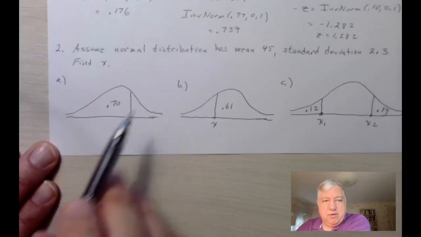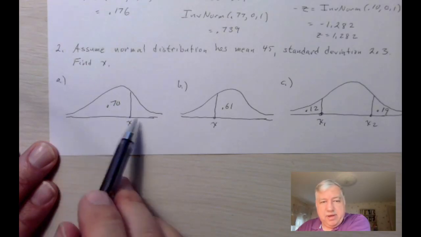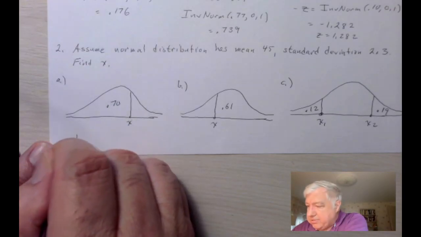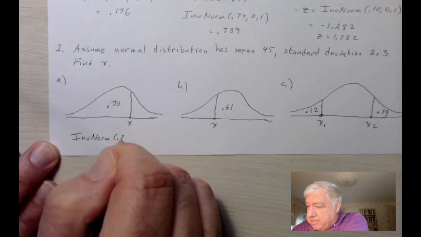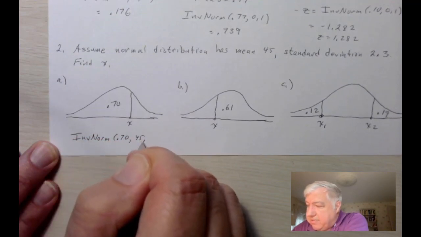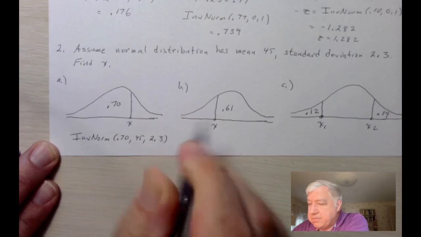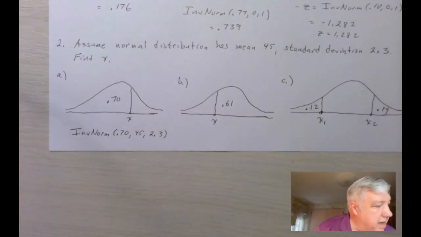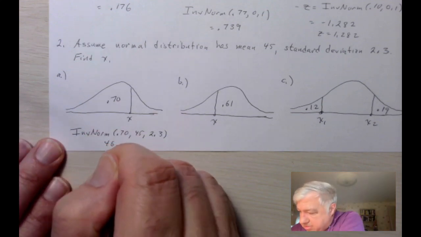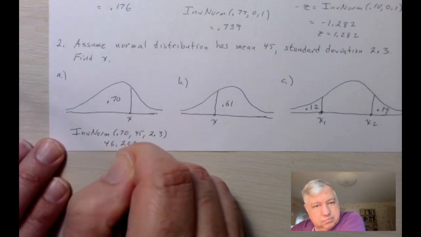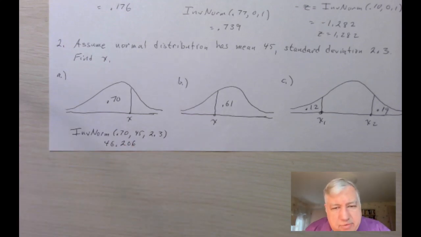Here 0.70 is the area to the left of the number we're looking for, so x would be the inverse norm of 0.70, 45, 2.3. When you compute that, it's 46.206. We'll round to 3 decimal places for the time being.